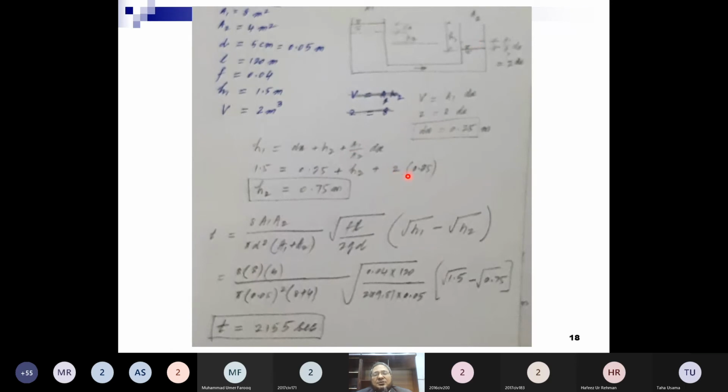So this ratio is 2 into dx is 0.25, and from this equation H2 you can easily determine it is 0.75 meter. Now we know the H1, we know the H2, and we know these all FL and small d, and this is the equation to compute the emptying time to drop the change in head from H1 to H2. So just put values, and we have substituted the values, and the time we finally got 2155 seconds.